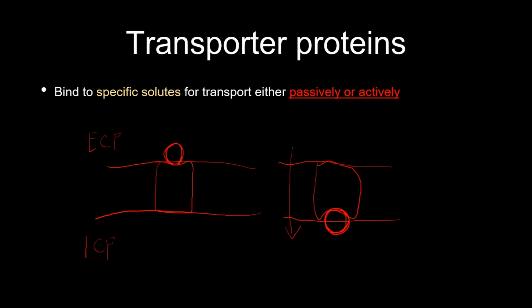An analogy here is pushing a rock downhill or uphill. In passive transport, think of it as pushing a rock downhill: you push it along gravity, so this would require minimal energy for the rock to move downward.